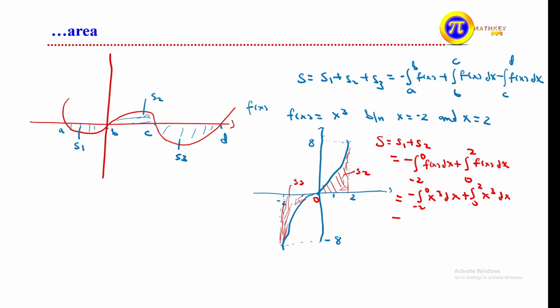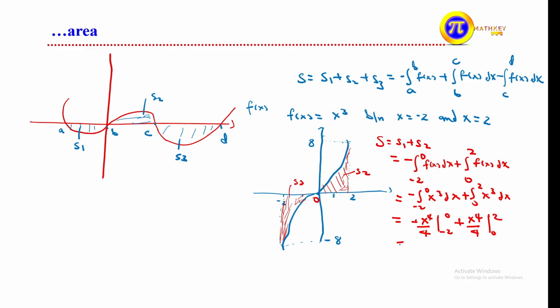The integration for this one is negative of x to the power of 4 over 4 between negative 2 and 0, plus the integration of x cube as we did before, which is x to the power of 4 over 4 between 0 and 2. Then we insert the values.